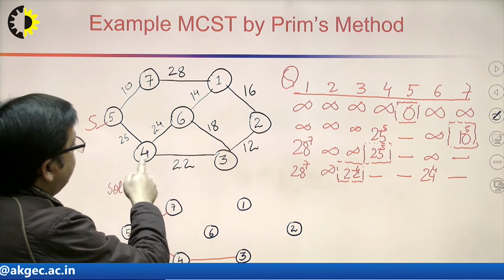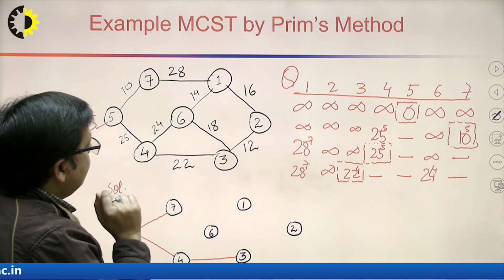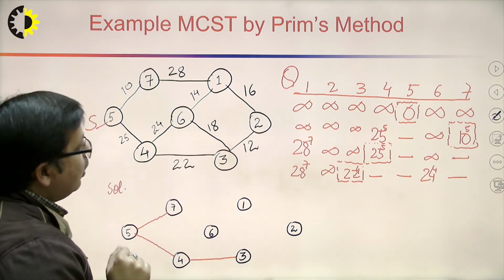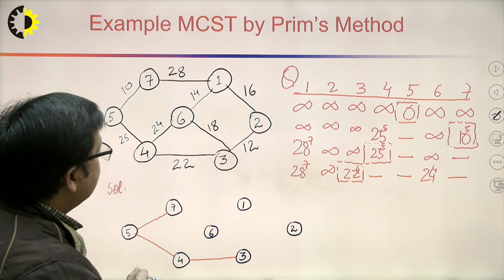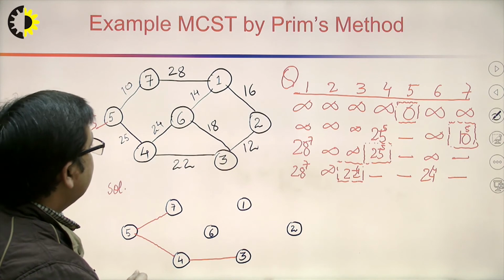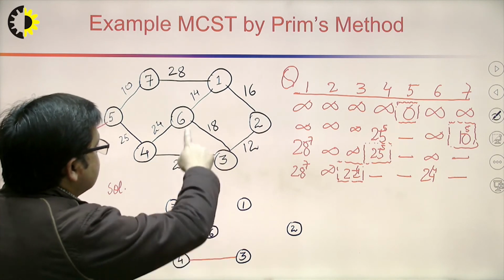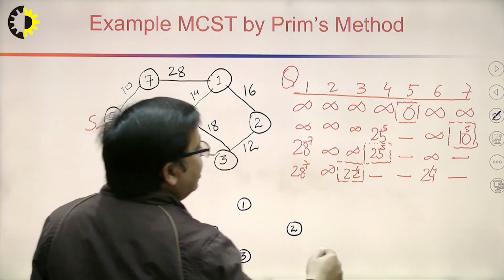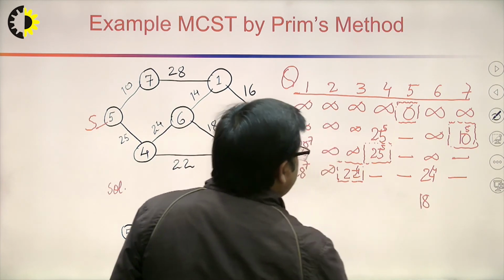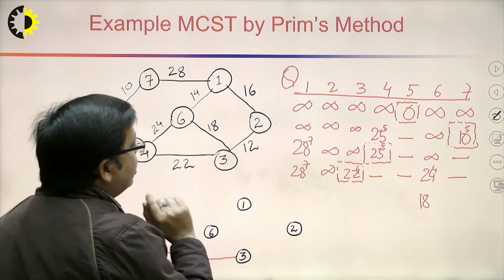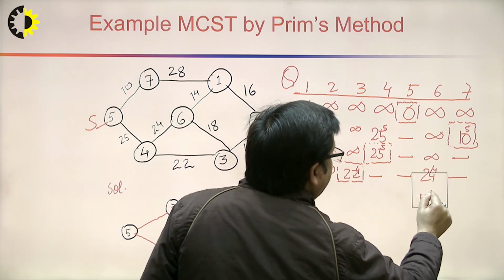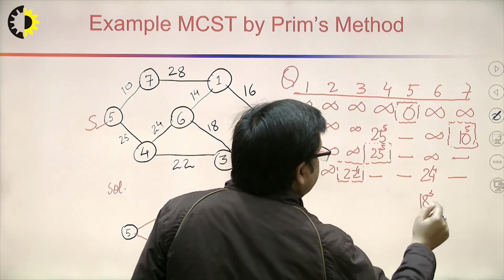Adjacent of node 3 is 4, which is not available inside the queue. Adjacent of 3 is node 6, and node 6 has the weight 18, adjacent edge is 18, so it will be updated. So, we update it with 18, and who will be the parent of node 6? This is updated due to node 3.